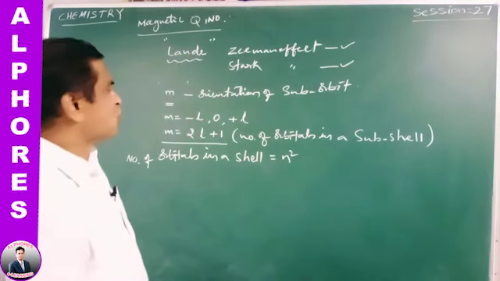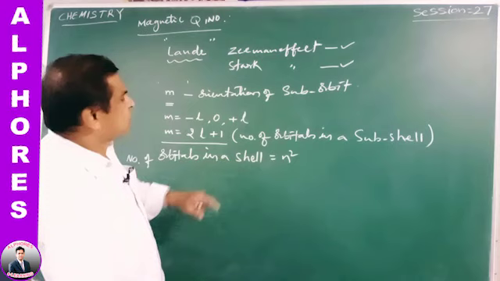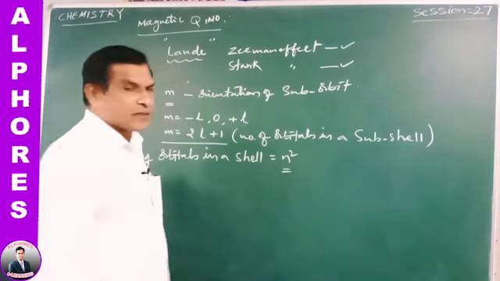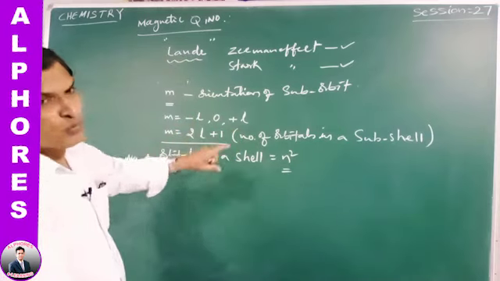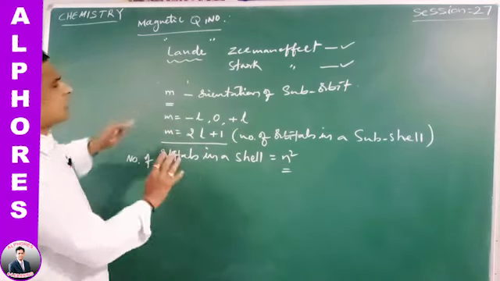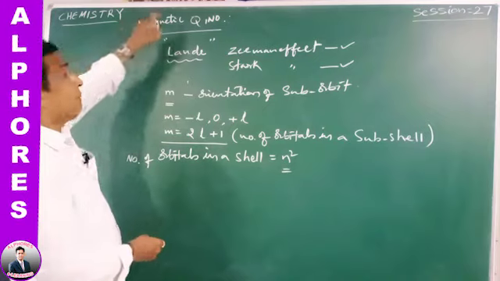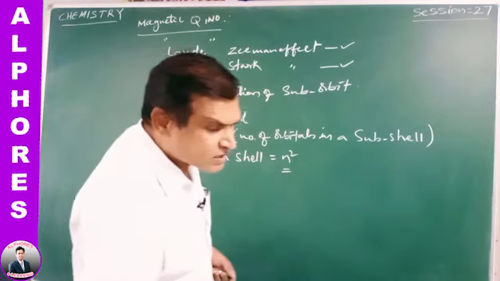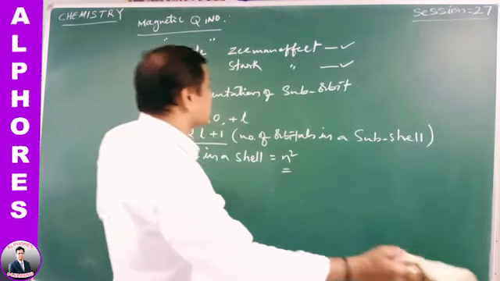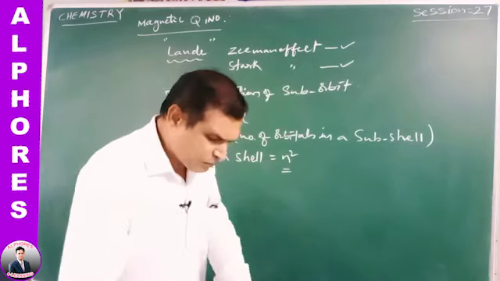The number of orbitals in a subshell is equal to 2L plus 1. So this is some important information about the magnetic quantum number. Now let us work out some numericals, some examples on this.